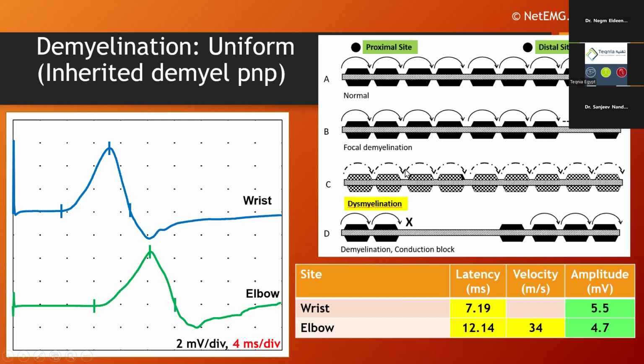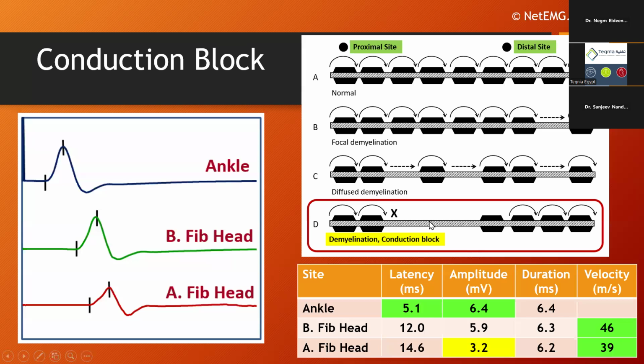When the demyelination is extensive, the action potential may fail to propagate. And this is what is called the conduction block. So in this case, this particular axon cannot conduct the action potential. So when I stimulate distally, the axon is normal, and therefore you get normal latency and amplitude response.